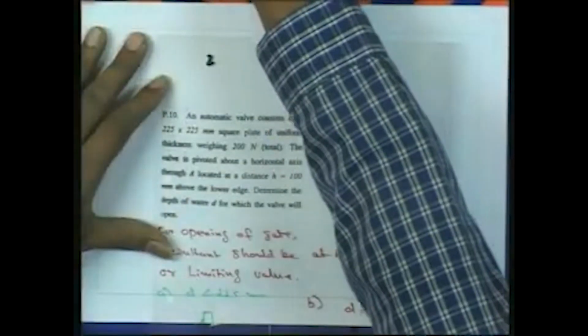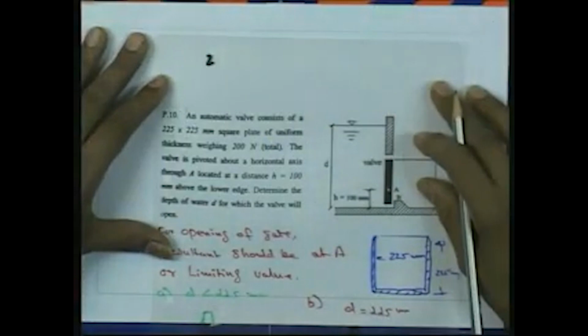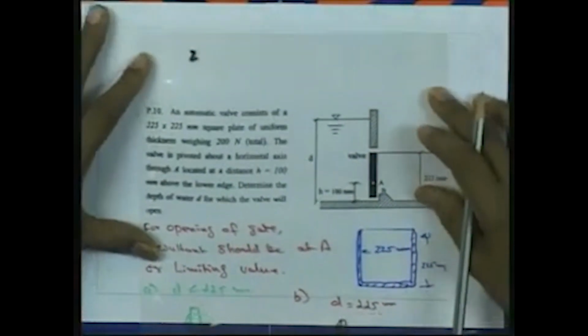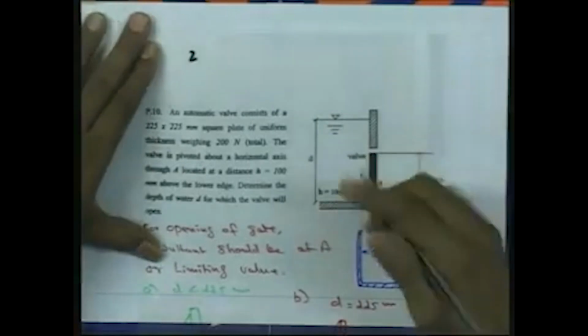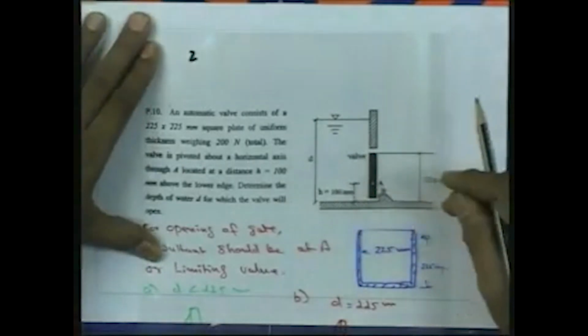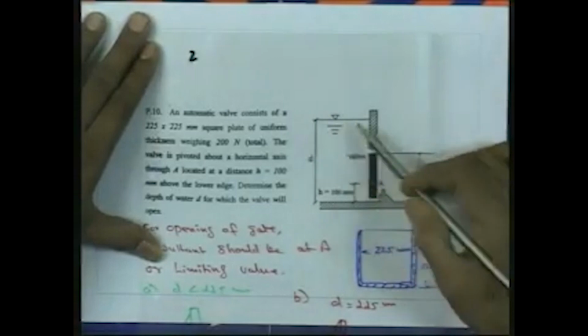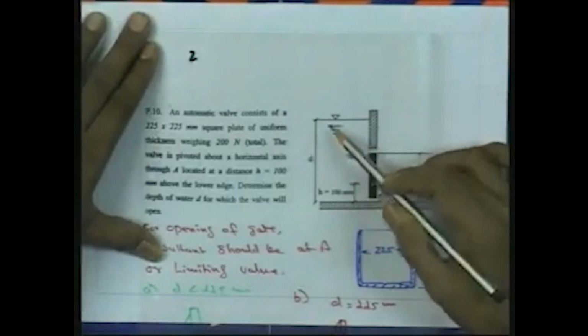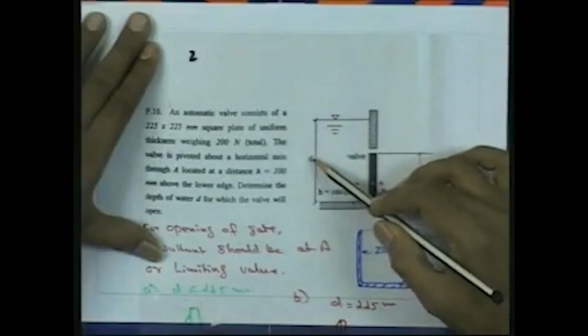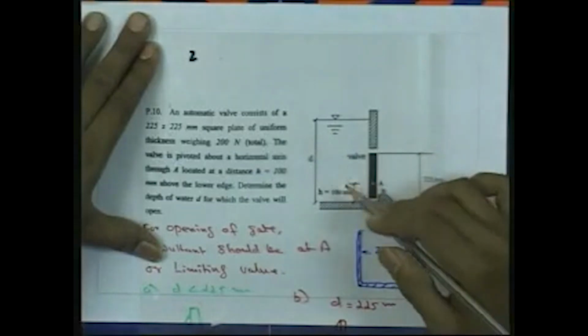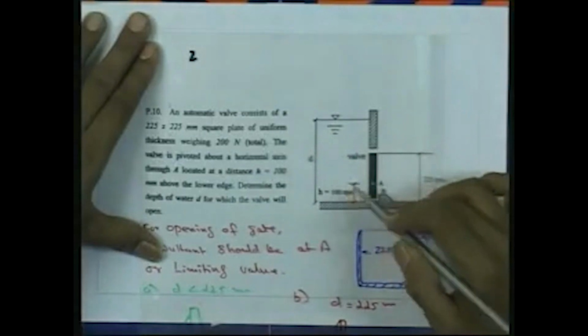First, we will discuss a problem where there is a sluice gate. Here you can see this figure shows a sluice gate, and on the upstream there is water. We want to find out the depth of water for which the valve will open.